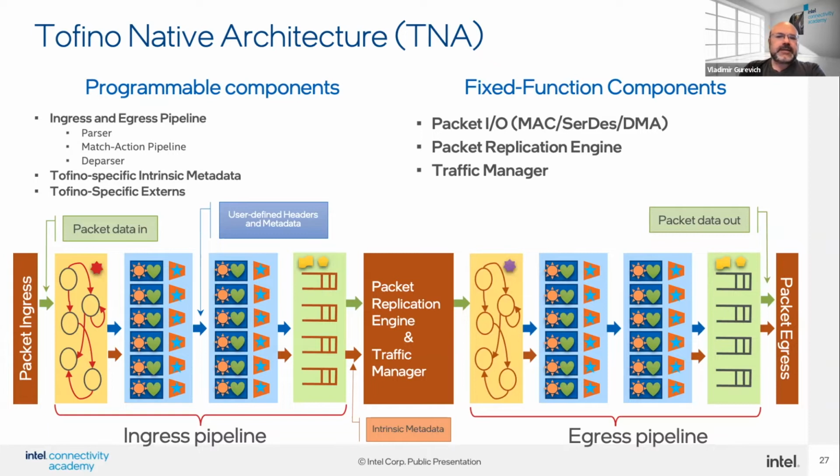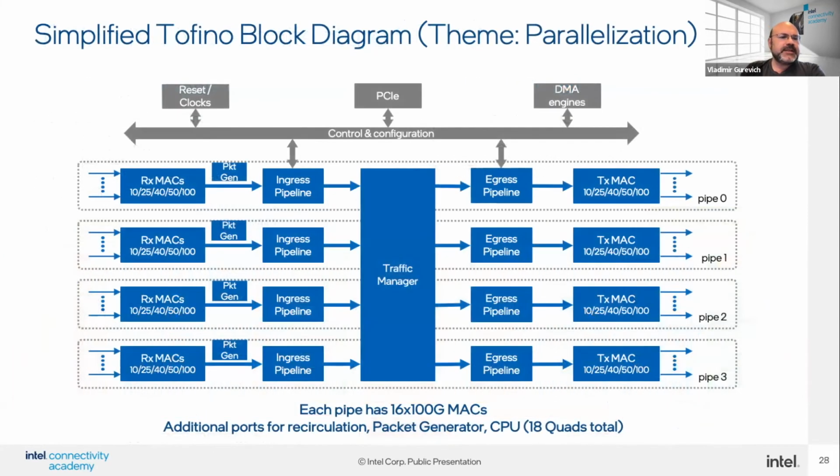If we look at Tofino specifically, you will see that's pretty much how it is. Think of this as a device in its full configuration. It has 4 independent processing pipes. Think of them as like 4 CPU cores. They can all work independently. There is, of course, common logic, so we can connect the chip to the PCIe bus. There are DMA engines and so on and so forth. But ultimately, what happens is packets come in, and the ports are hardwired to a particular pipe.